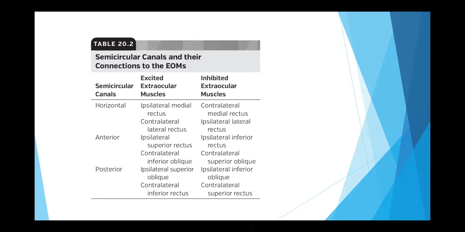For now, just understand that there are 6 muscles in each eye, and these muscles are connected with the 3 semicircular canals, or the 6 semicircular canals together. You have 12 extraocular muscles altogether, 6 on one side and 6 on the other side, and you have 6 semicircular canals.